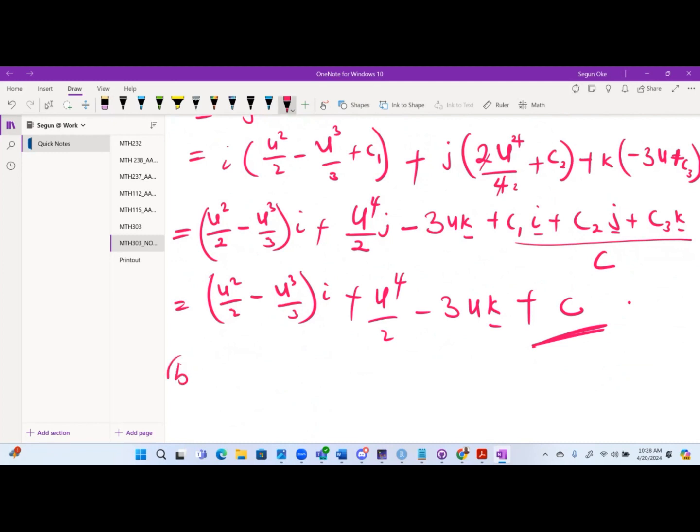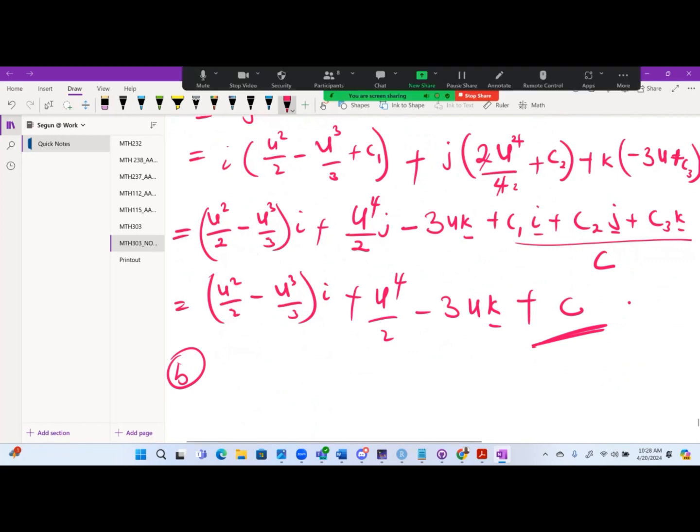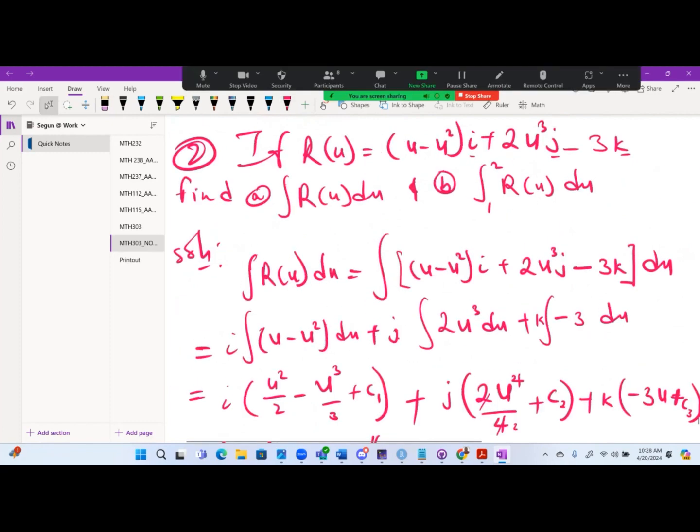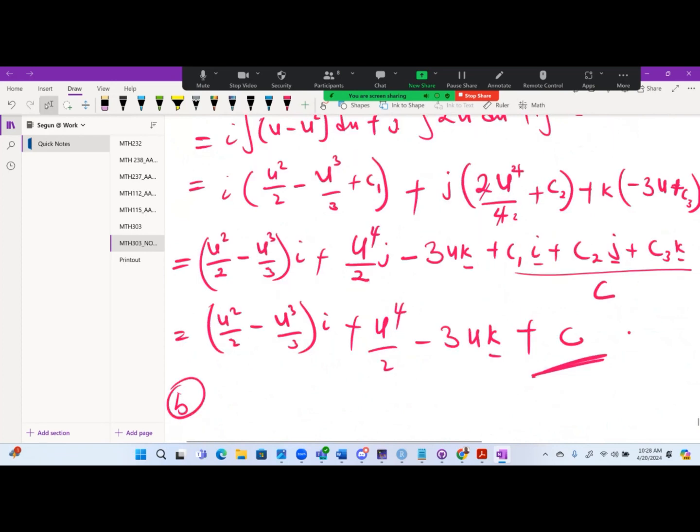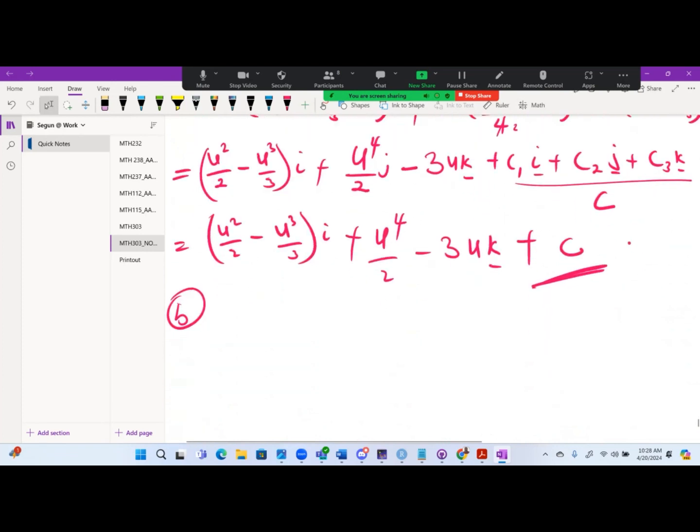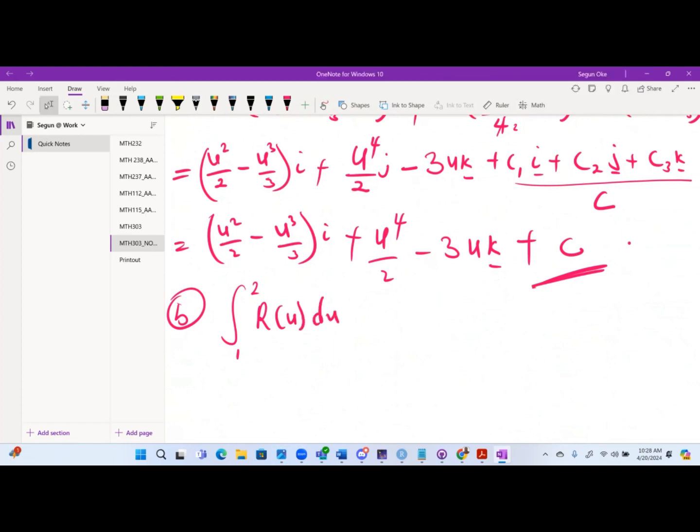The B aspect of it says, find this. We are given the integral from 1 to 2 of R of u du. It will be, we've done the integration of the same thing. The integration is up here. This is the same integration. Put them down.